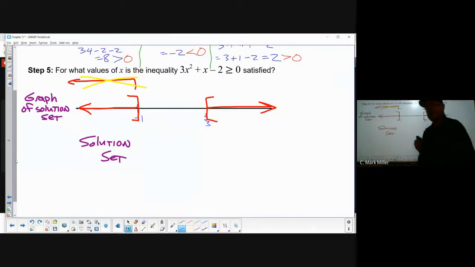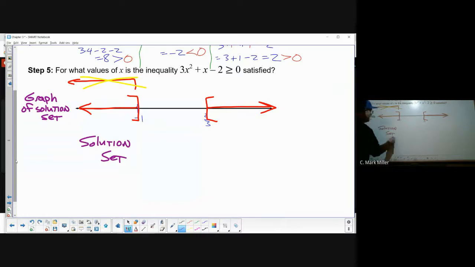All right. The solution set is going to be where? How do I describe this left-hand shaded area? It goes all the way back to negative infinity. It keeps going to the left.